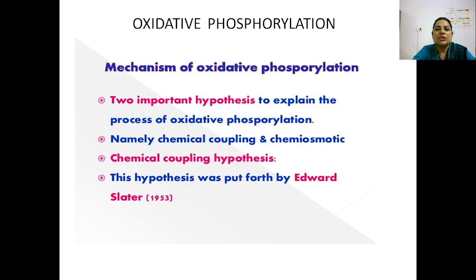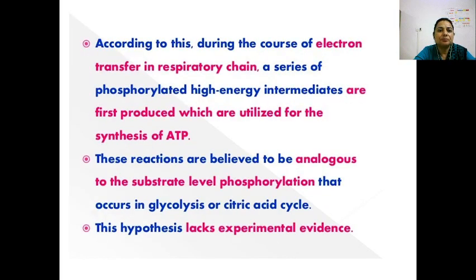Oxidative phosphorylation, the mechanism of oxidative phosphorylation. Two important hypotheses explain the process of oxidative phosphorylation, namely the chemical coupling and the chemiosmotic. The chemical coupling hypothesis was put forth by Edward Slater.